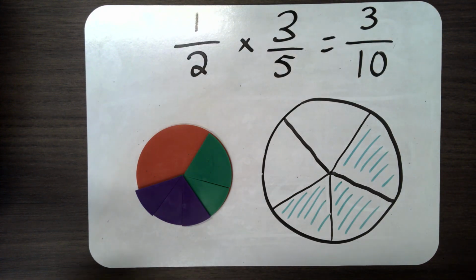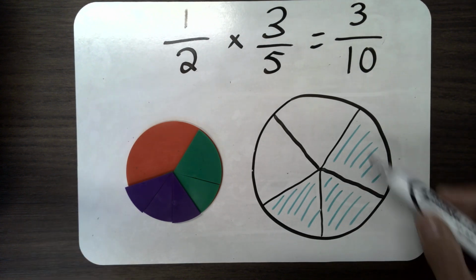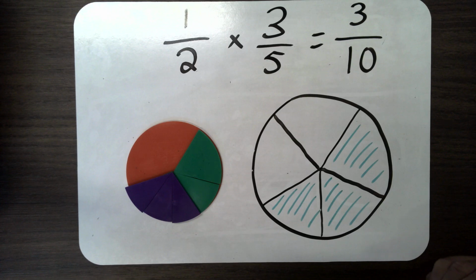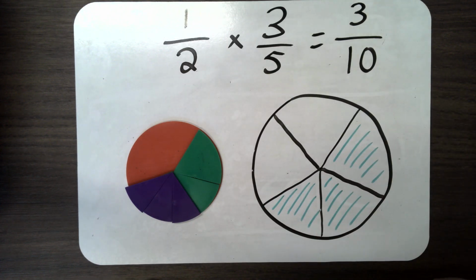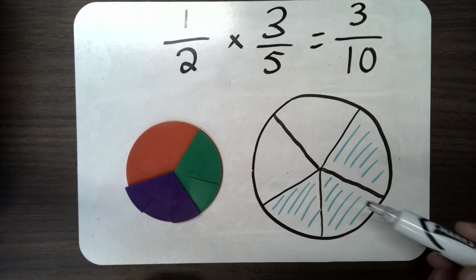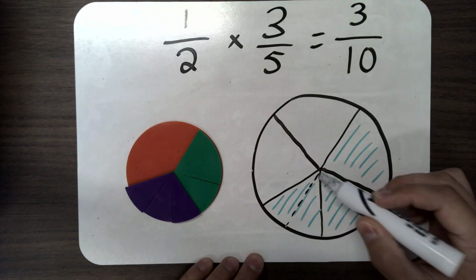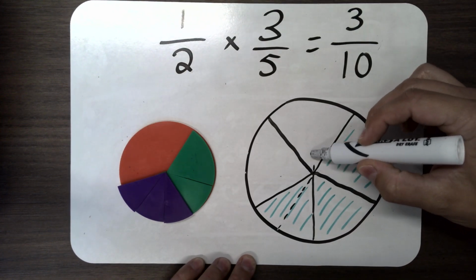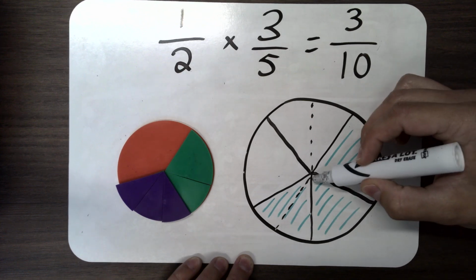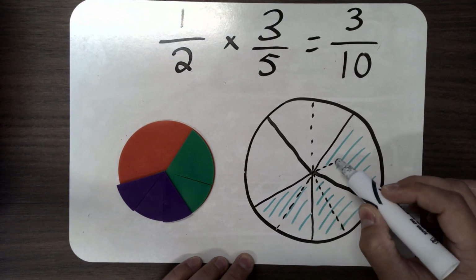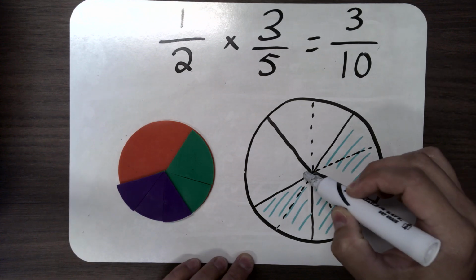Okay. And then for the representational model, again, I have a circle with fifths drawn on here, and I've shaded 3 of these in. Again, I can't create 2 equal groups or take half of that total amount. So again, we need to think of subdividing this, and sometimes it can be helpful to subdivide this entire model just so we can see and verify our denominator.